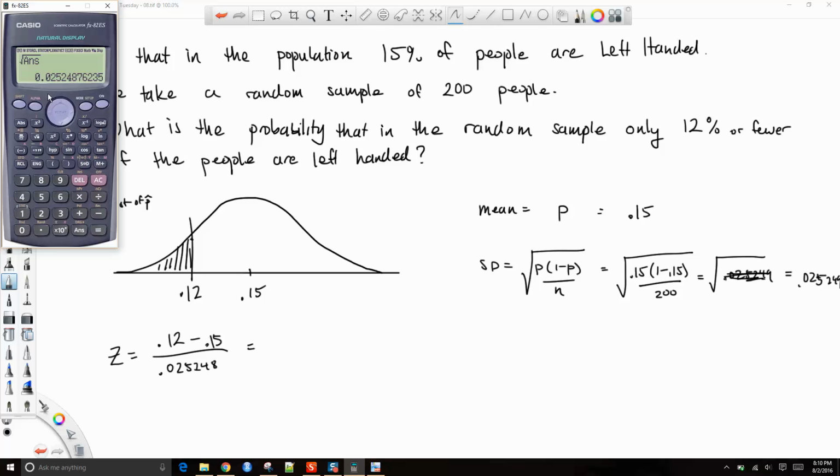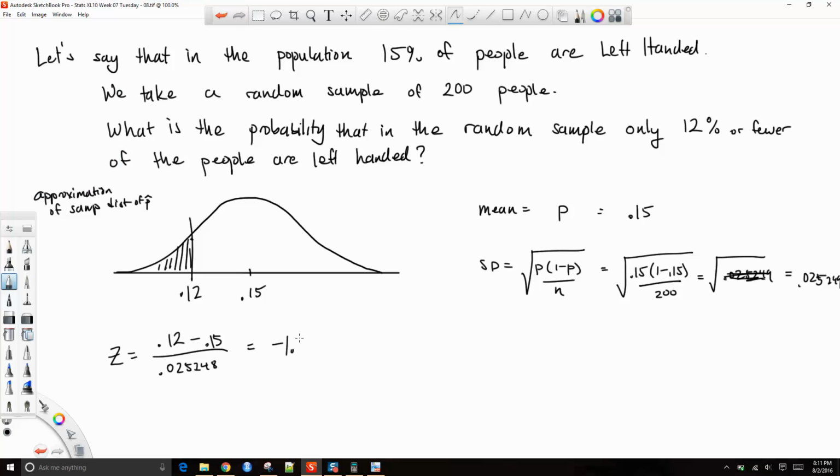On my calculator, in the numerator I have 0.12 minus 0.15, then divide by the answer, and I get negative 1.188. Rounding to 2 decimal places, I get negative 1.19. So I have z equal to negative 1.19, and I want the area to the left of that.